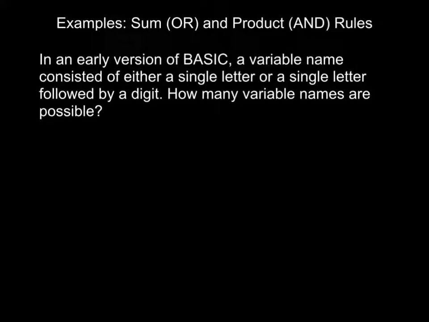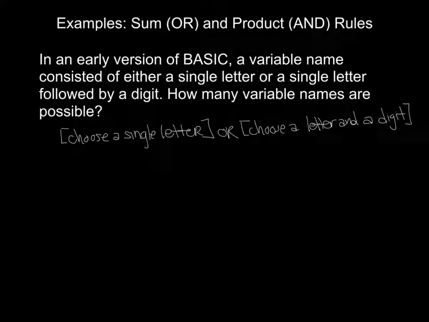Another example where we will use both the product and the sum rule. In an early version of BASIC, a variable name consisted of either a single letter or a single letter followed by a digit. How many variable names are possible? So again, I'm going to write out what we're going to do. We're going to choose a single letter, or we will choose a letter and a digit. So there are 26 ways of choosing a single letter.